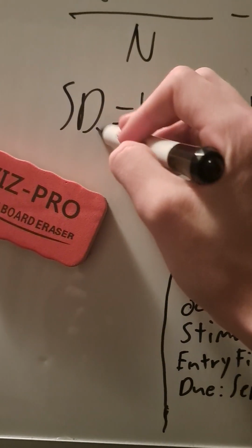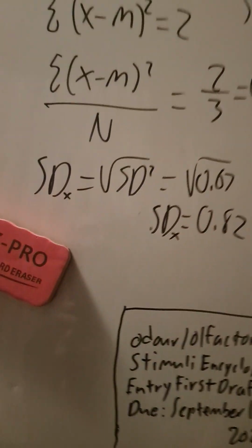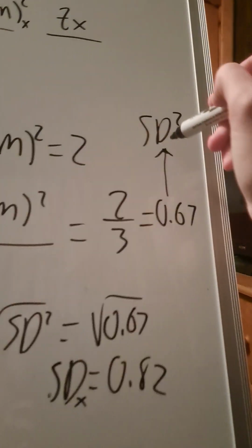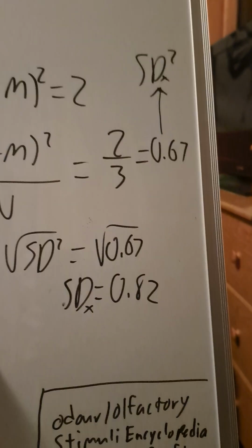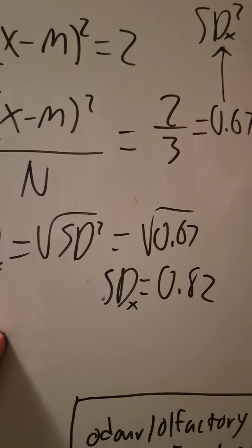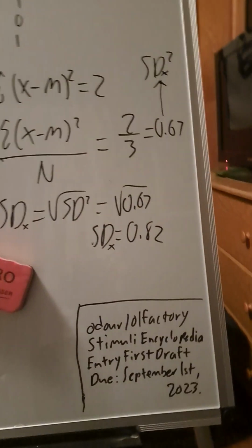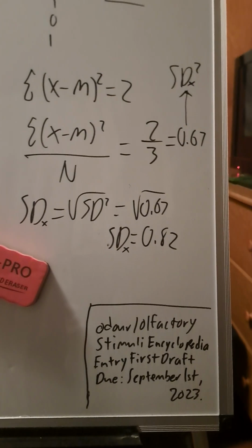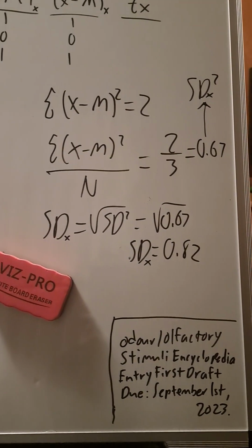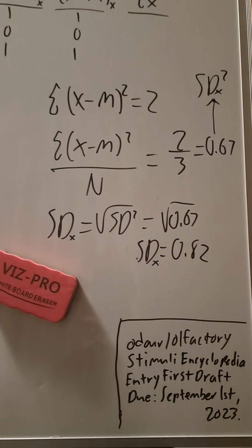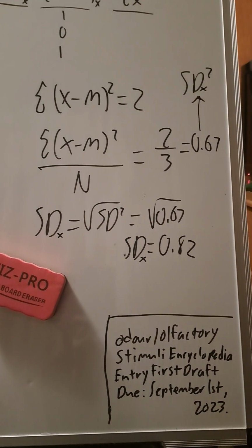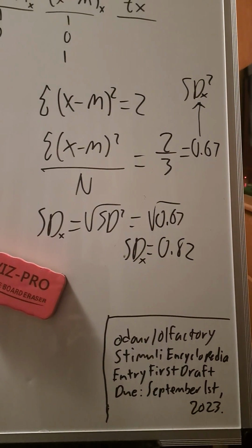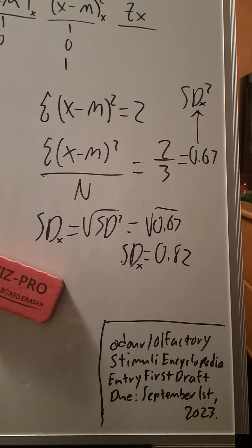Right, so we want to make sure we put x here, and x here, x here, just to keep ourselves organized. All right, so make sure you are able to calculate standard deviation for that. We're going to go over the standard deviation of y in a moment.